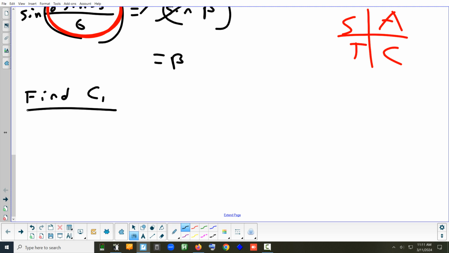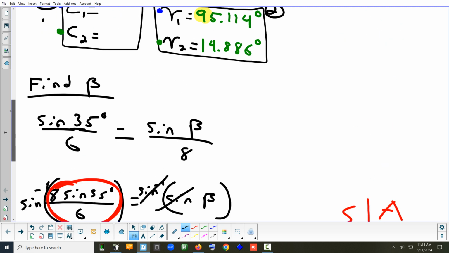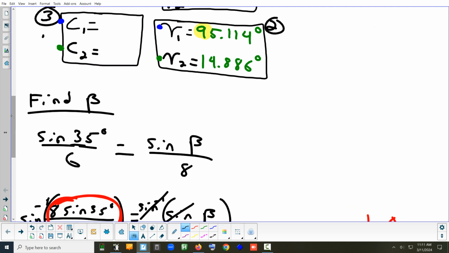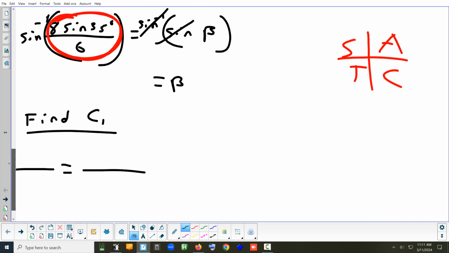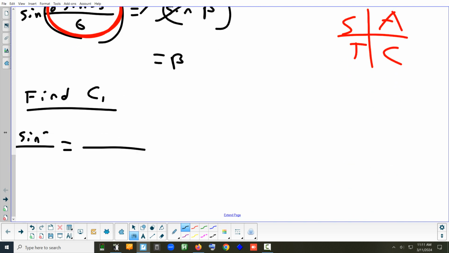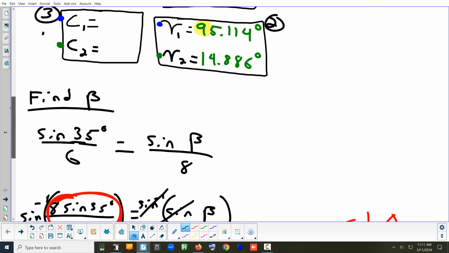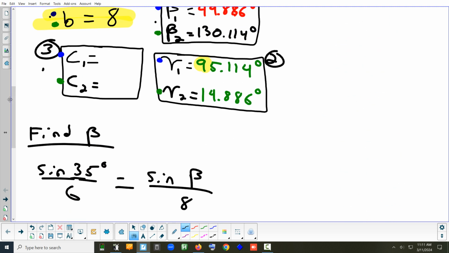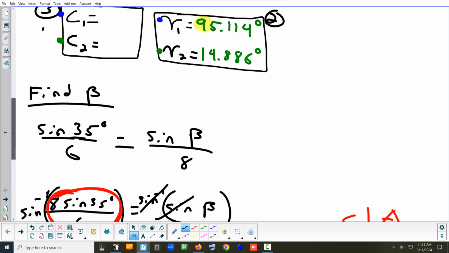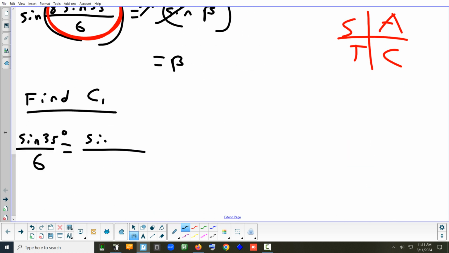So we're going to find C1. Set up a proportion. And it's going to look exactly like the proportion we started out with. Sine 35 over 6. And what's going to go on the other side to find C1? Sine 95.114 over C1.